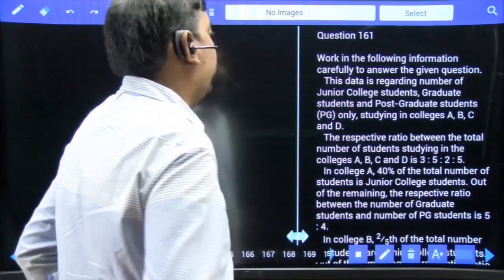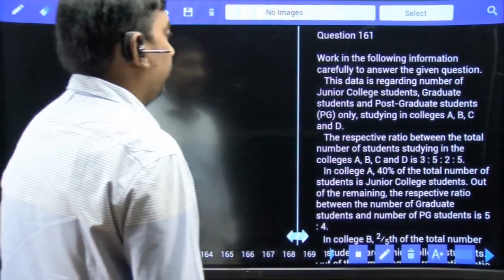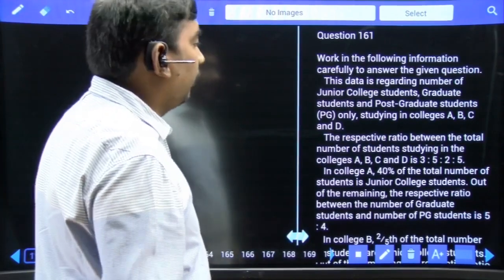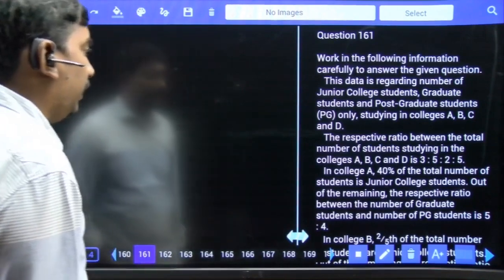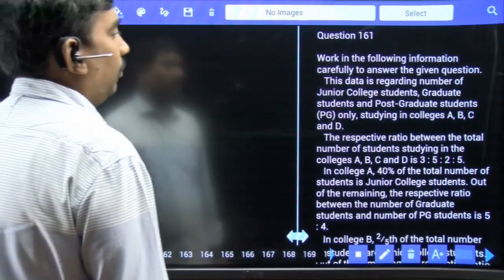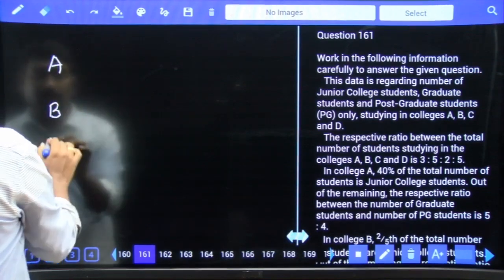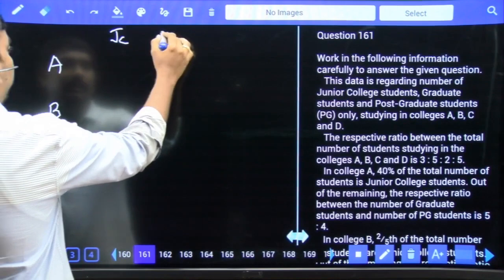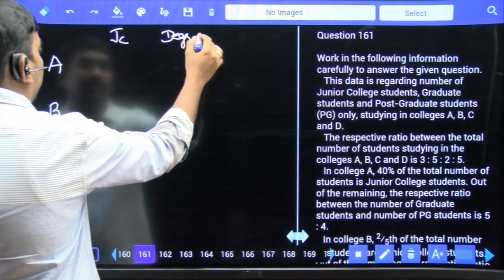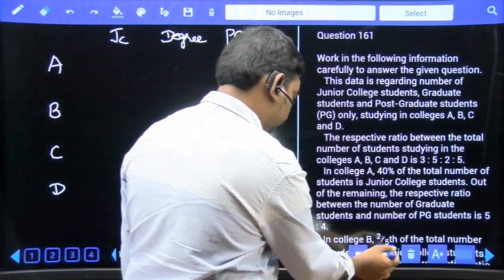Case letter work. Read the following information carefully to answer the given questions. This data regards the number of junior college students, graduate students, and postgraduate students only studying in colleges A, B, C, D. The colleges are A, B, C, D, with junior college, degree college, and PG college.